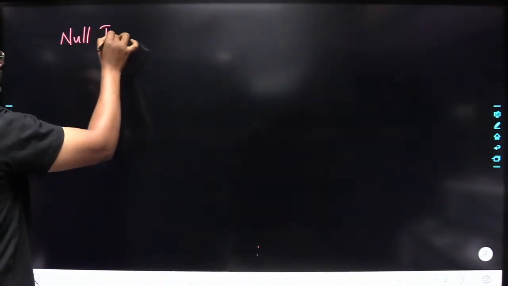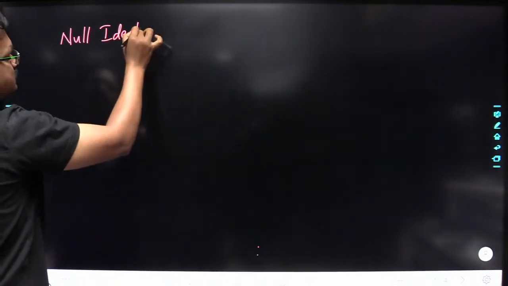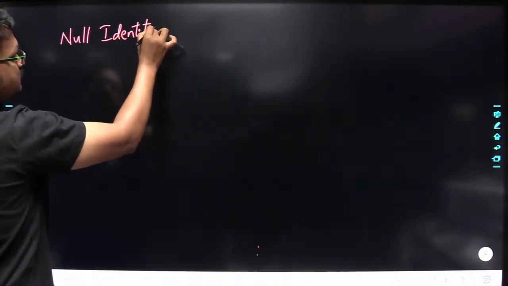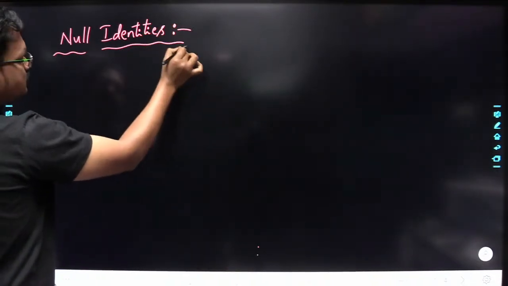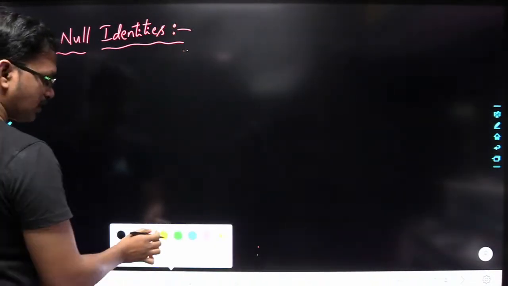Next we will see null identities. So what are null identities here?